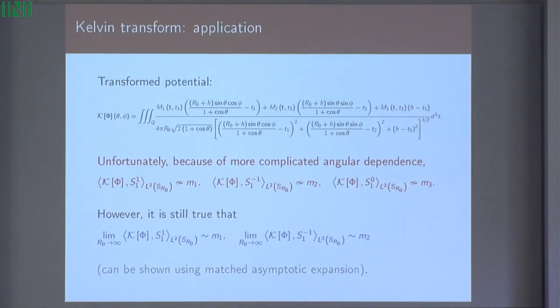And if we take this r0 to be large, then the integrals against those two spherical harmonics will be proportional to the tangential moment of net magnetization.